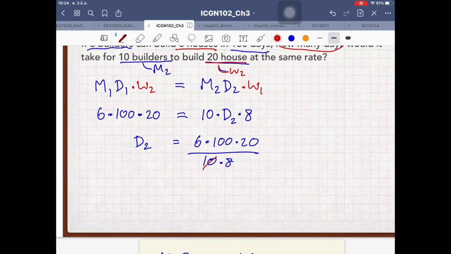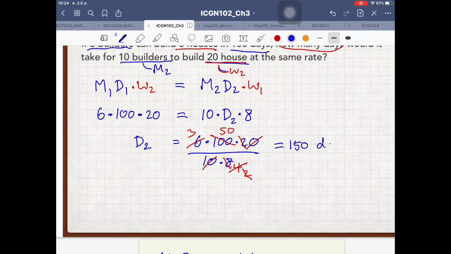Okay, the first thing is you just cancel 1 0. And then next you can cancel by 2, you get 4. All right, if you cancel by 2 again, you get 3. And then you can cancel by 2 again, you get 50. All right, so now you have just 3 times 50, you get 150.